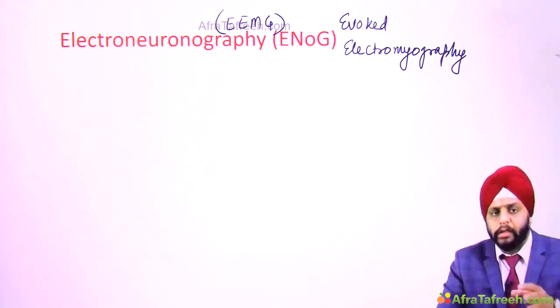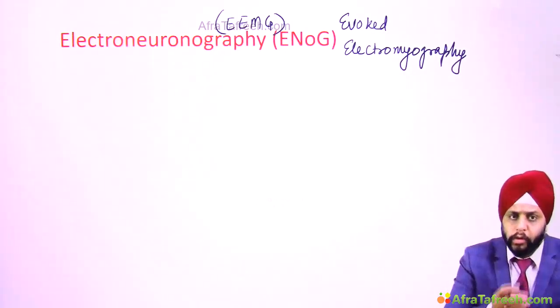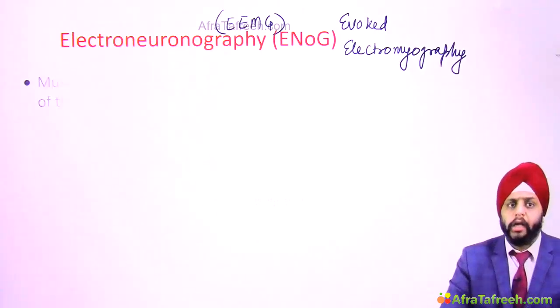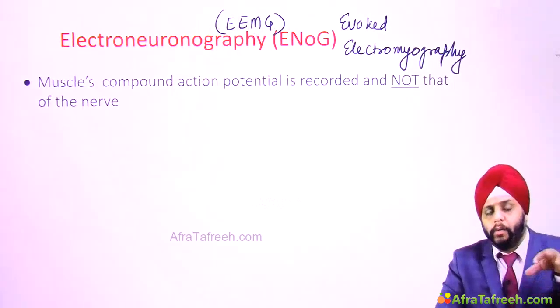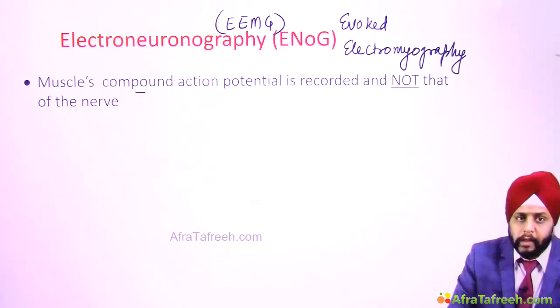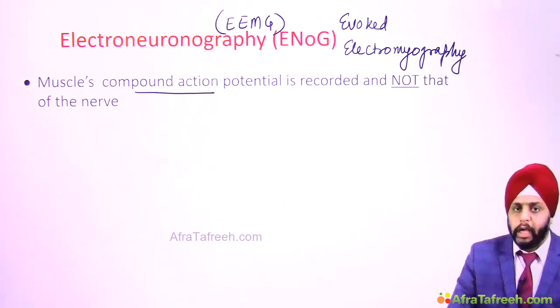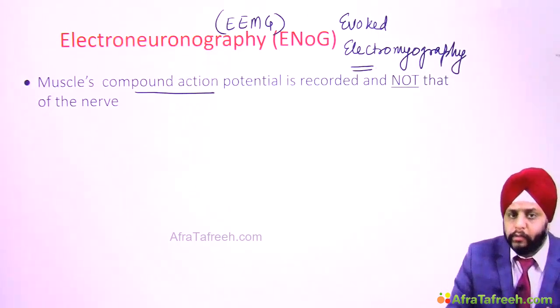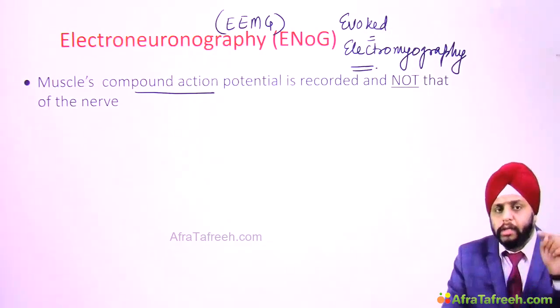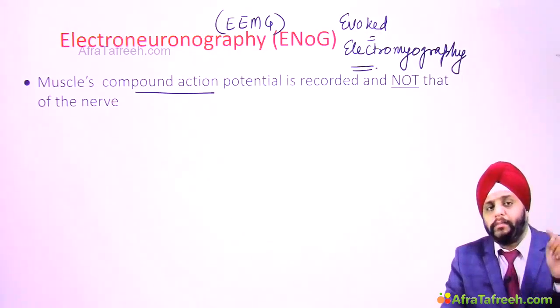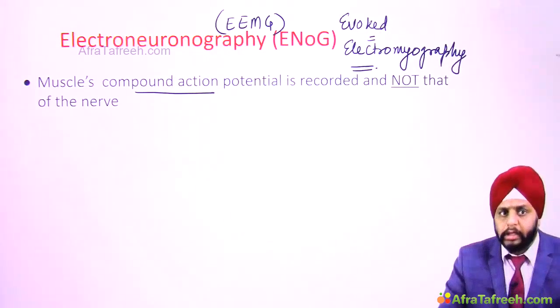So you are checking the potential, but it is evoked after giving a stimulus. What you are checking is the compound action potential inside the muscle after giving a stimulus. That is very important. You give a stimulus and then you check the compound action potential inside the muscle.